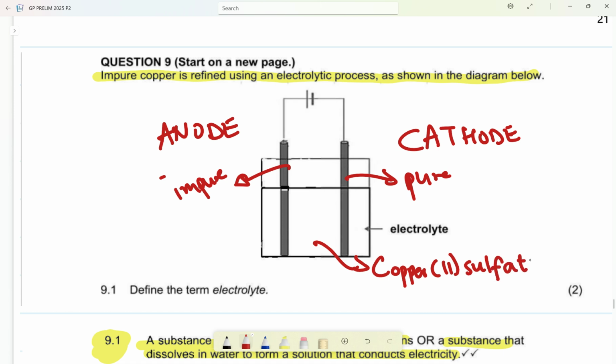Or copper(II) chloride, or any type of chloride with any solution, except for silver, because silver will form a precipitate.